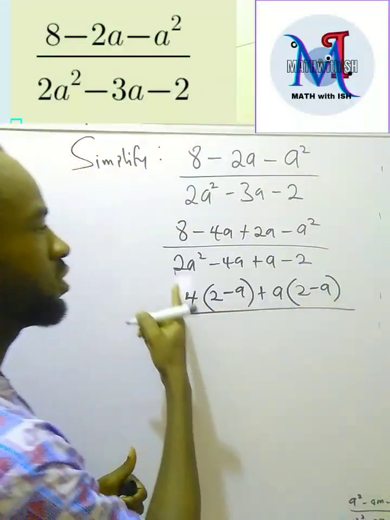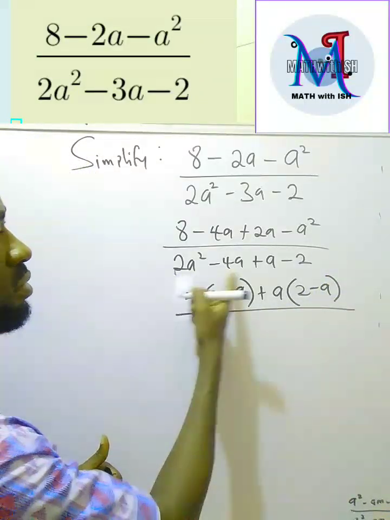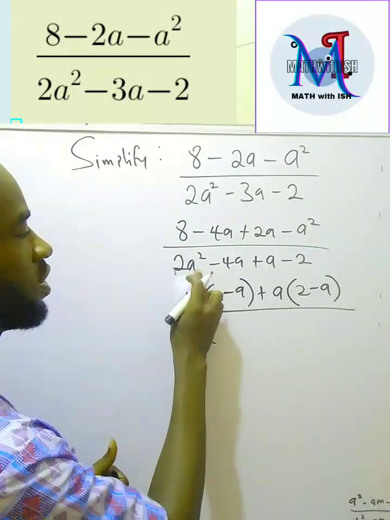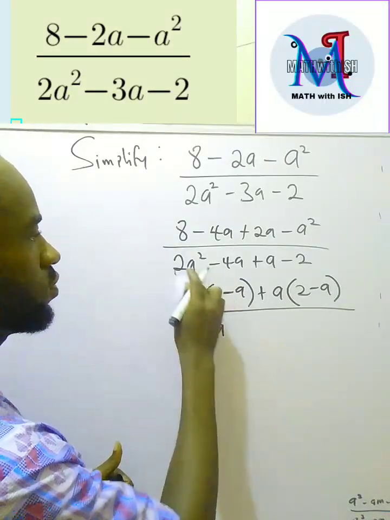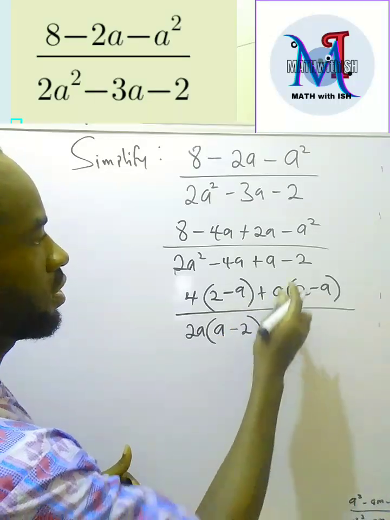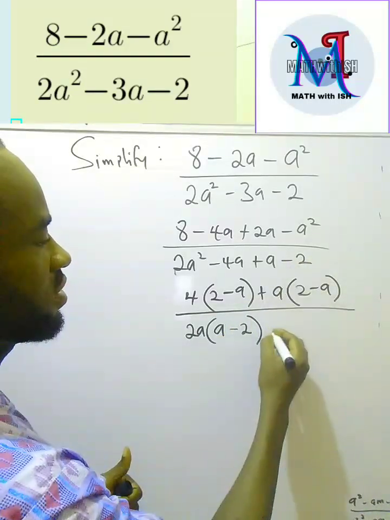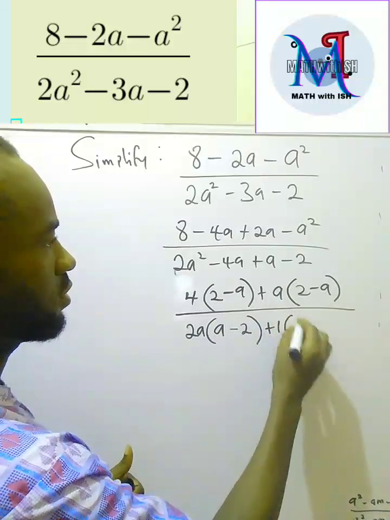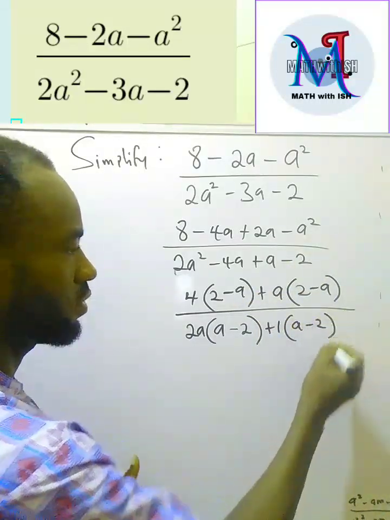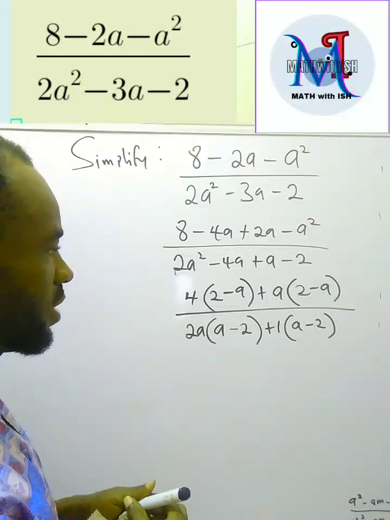I go to the denominator. What's common between these two terms is 2a. I factor it out. 2a divided by 2a squared is a, and 2a divided by minus 4a is minus 2. Here, what's common between these is 1, because 1 can divide both, so 1 into a minus 2. Now, let's go down again.